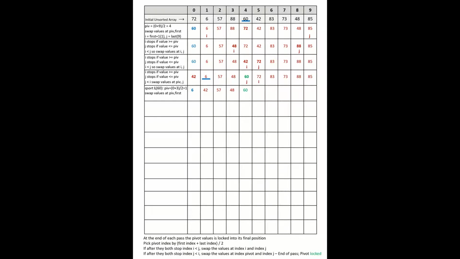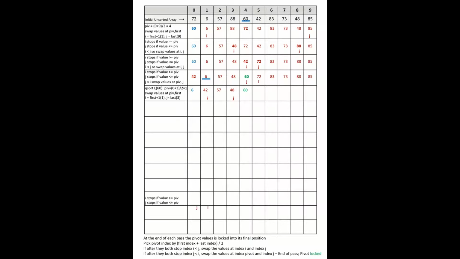So where does I go and where does J go? Well, I always goes 1 to the right of the pivot. J is always at the end. Okay, so that looks like this. And again, I will start marching to the right, looking for greater than or equal to the pivot. J will march to the left and look for less than or equal to the pivot.